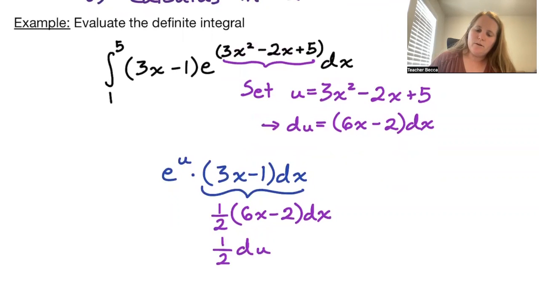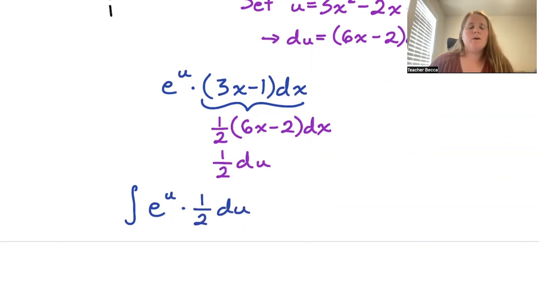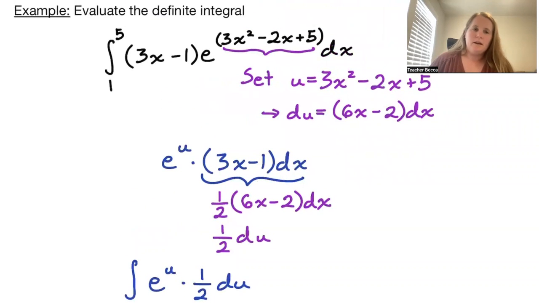So we know that we are looking at a definite integral, and we just have e to the u times 1/2 du, or 1/2 e to the u du. And now we need to convert our bounds.